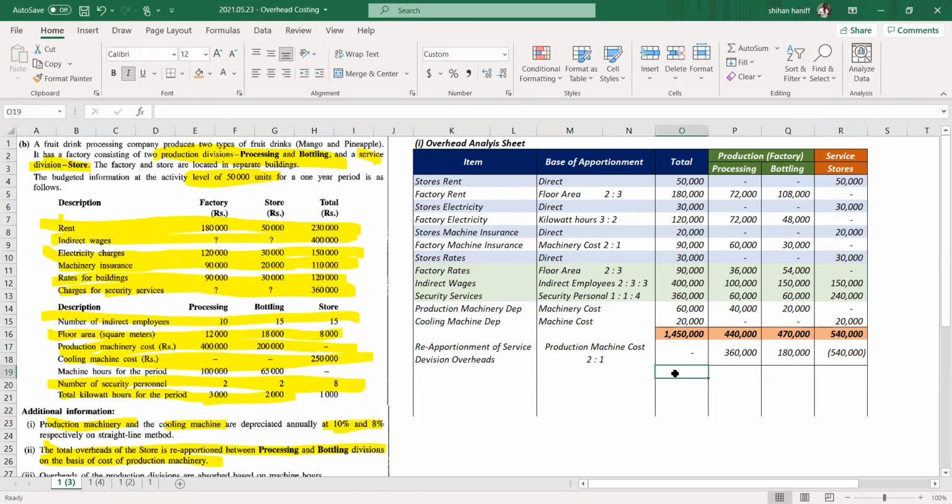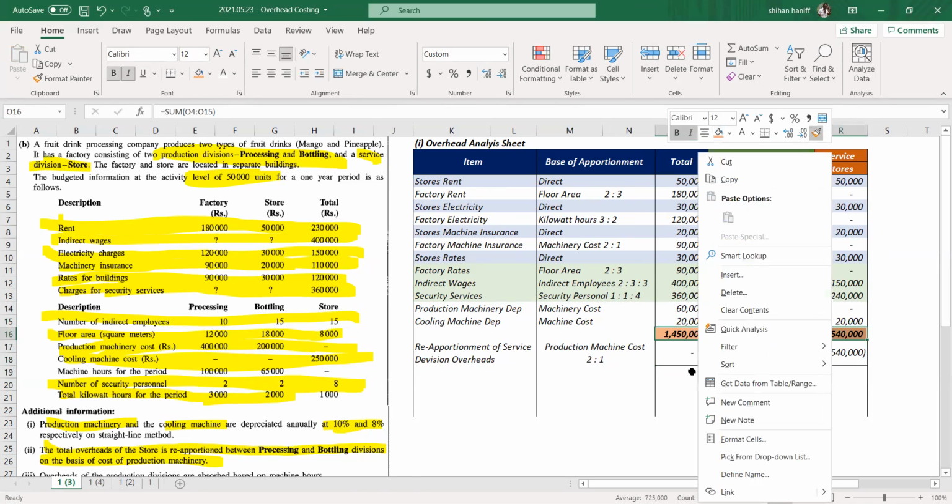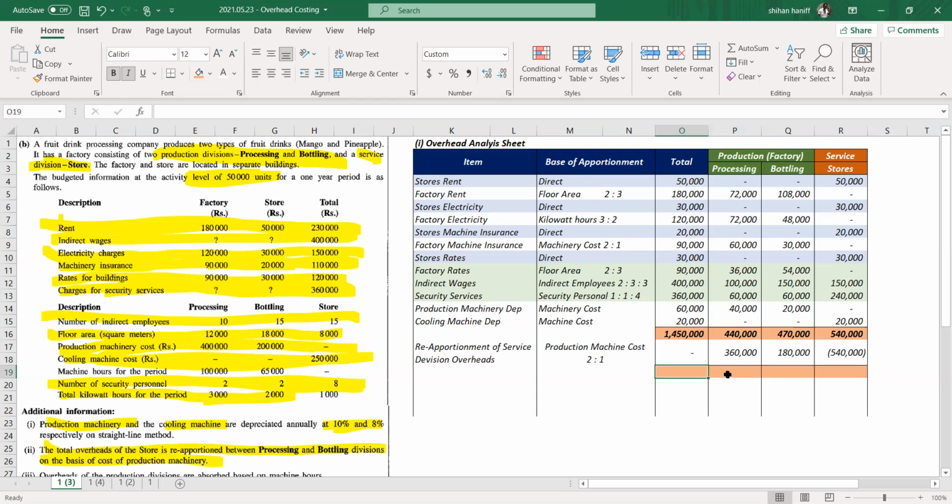So here, the final total. There is no balance in the service department.